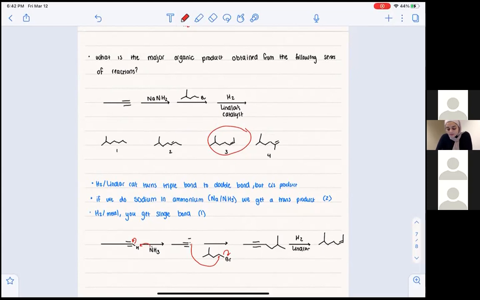Oh, I'm pretty sure ammonium is NH3 and ammonia is NH4. And anything other than that is just like NH2. Am I wrong? I was just looking at what you wrote with the NH3. Yeah, that would be if I use this instead of H2 Lindlar's catalyst. So if we replace this for this, then that's when we would get a trans product, and that's when we would get a single bond.